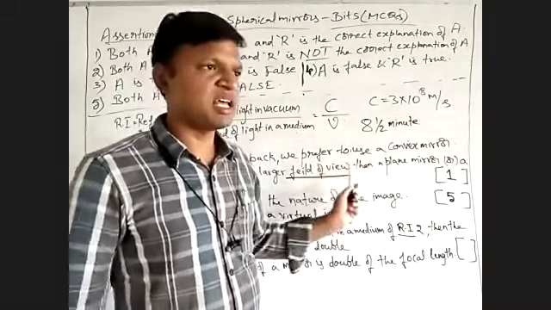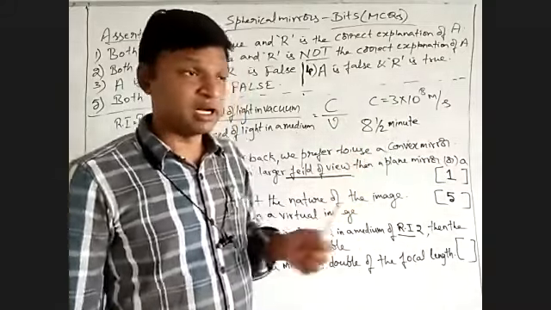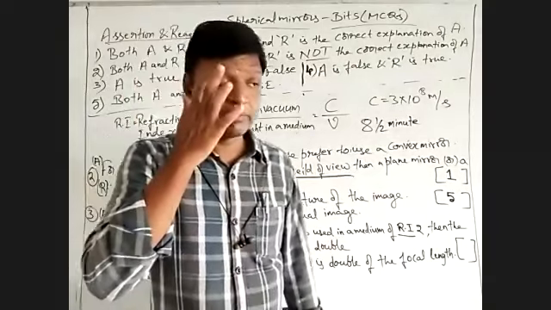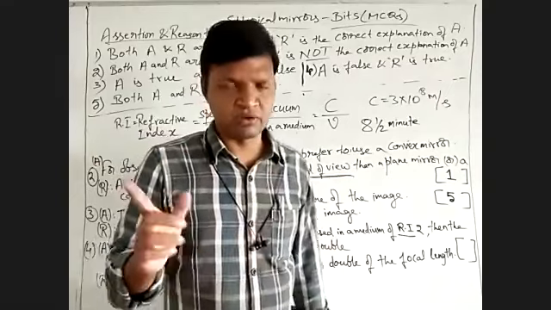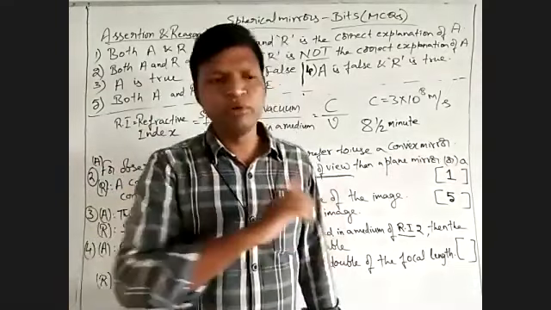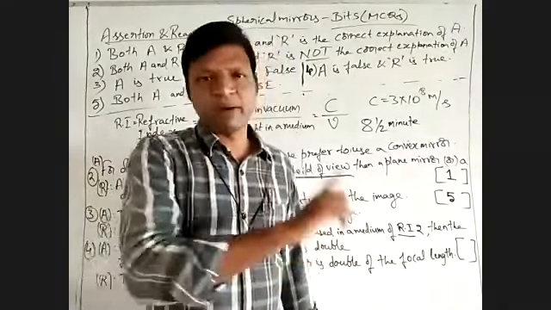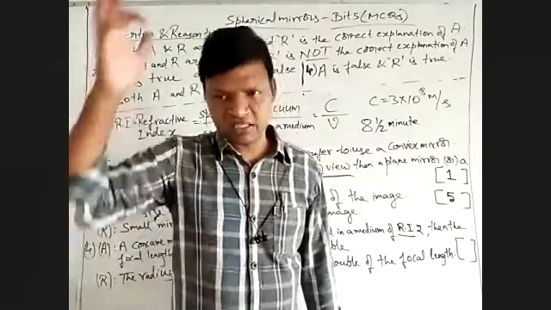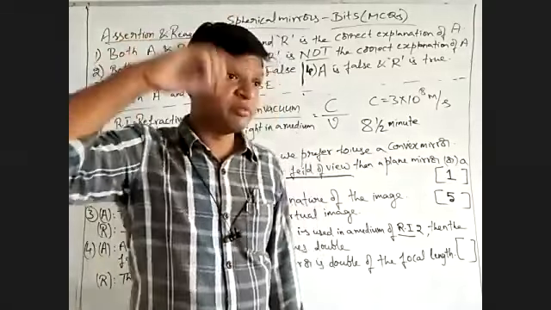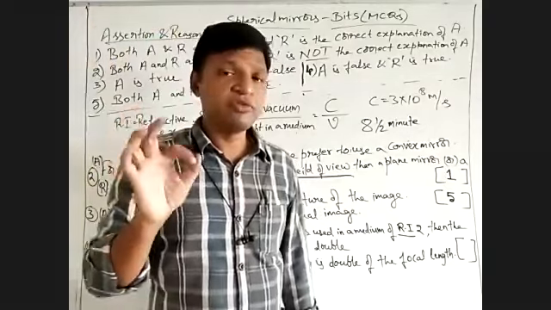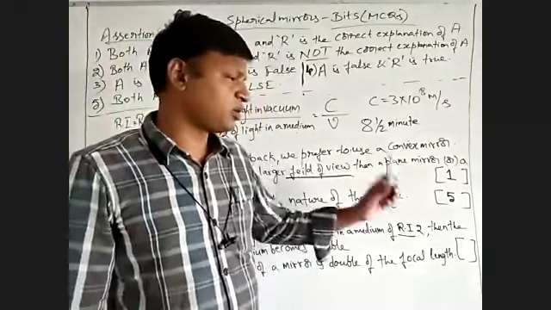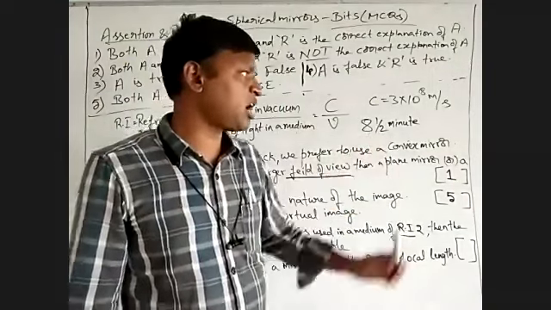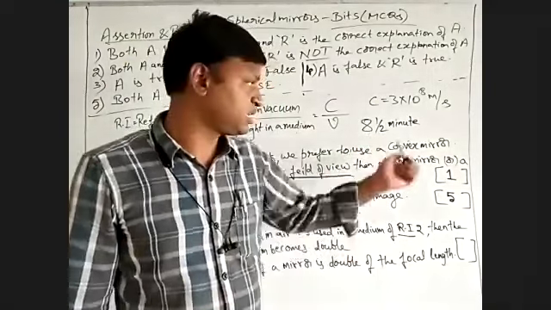The average distance between earth and sun, because earth moves in an elliptical path, is nearly 15 crore kilometers. Light covers 15 crore kilometers in only 8.5 minutes. So we call it a solar minute.